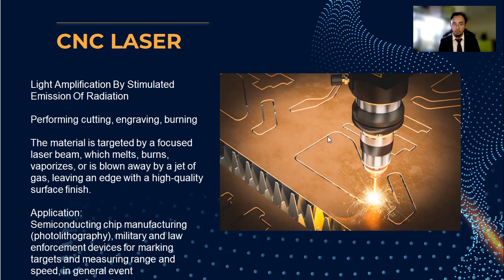As you can see from this picture, there is no debris or any substance that we don't want. There is no burr. The surface is so clean. This is the specialty of the CNC laser.